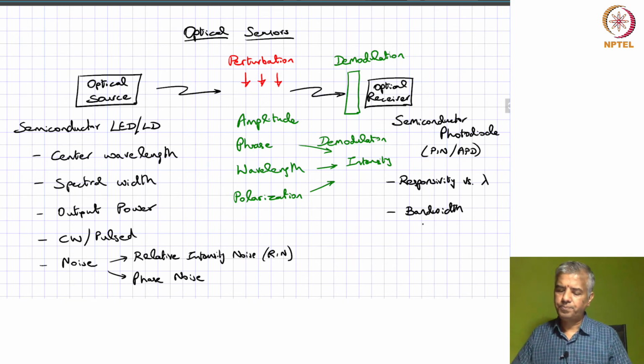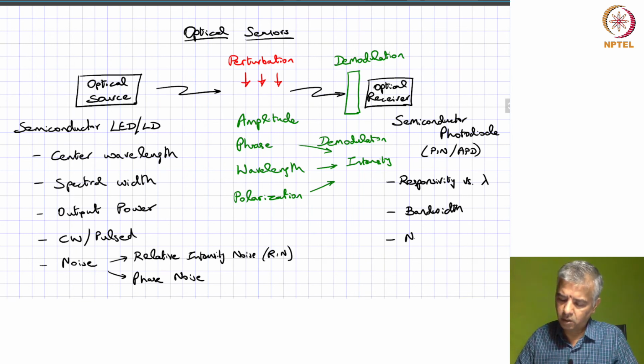Okay, and of course there is also another important characteristic of the optical receiver, which is how sensitive your receiver is going to be, how well can you capture the modulated light. Okay, and that's going to be limited by noise, right?